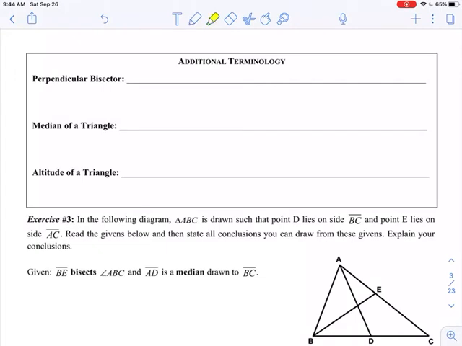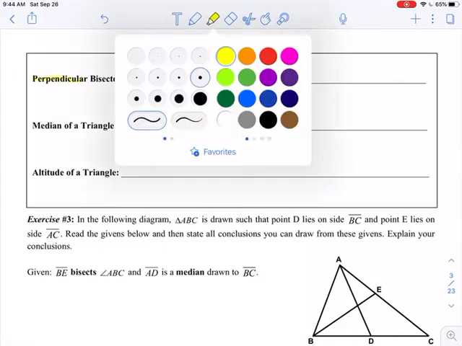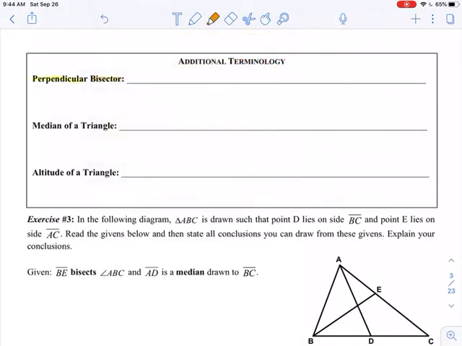So I've already mentioned this to you before. We've talked about perpendicular and we've talked about bisectors. Now I'm sort of putting those two words together. So a perpendicular bisector is a line, a ray, or a segment that passes through the midpoint of a segment. That's the bisector part.